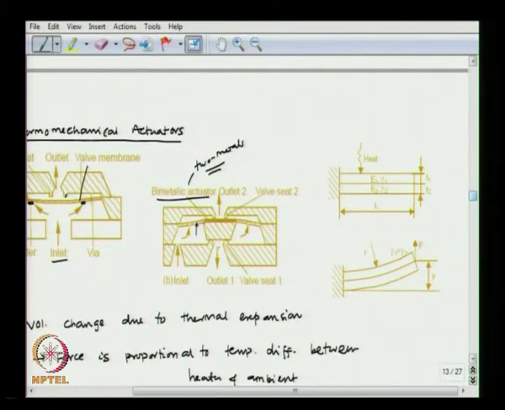In this case the valve is in closed state when the membrane is in a buckling state, and when the heat pulse is taken out, the membrane will return to its original position and the valve can be open.